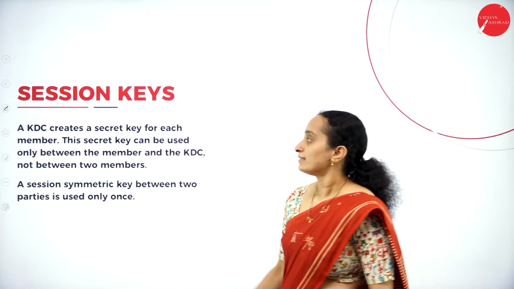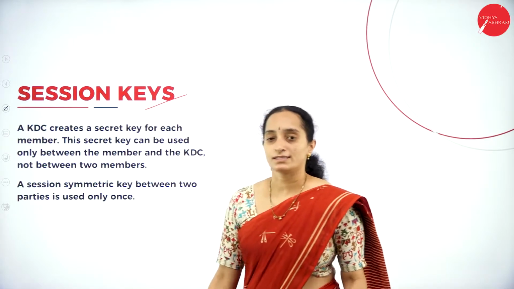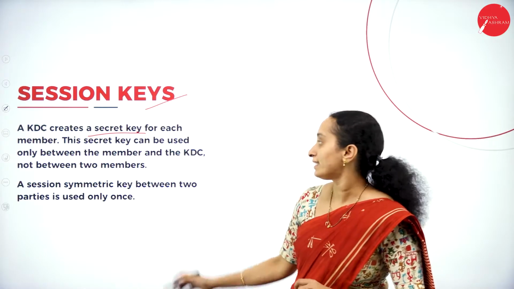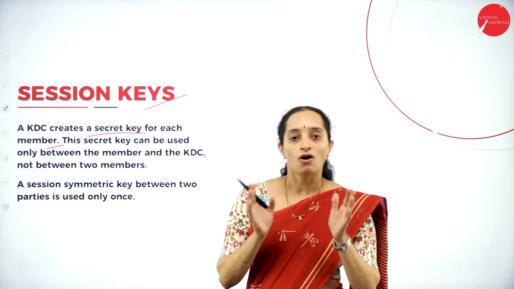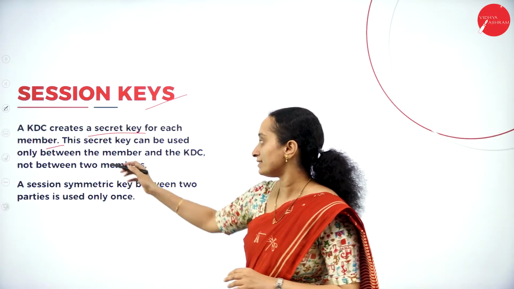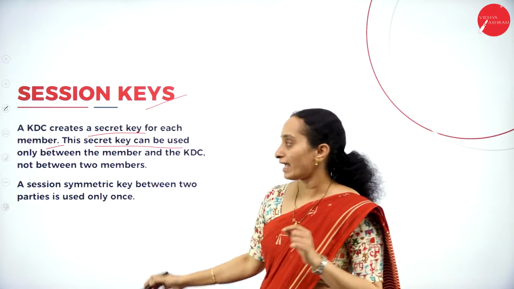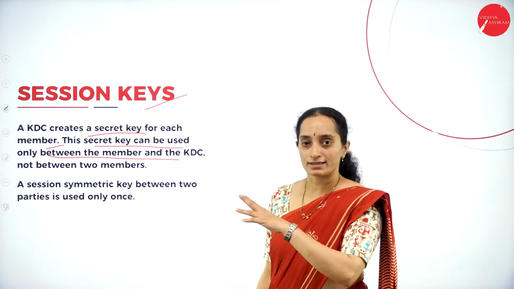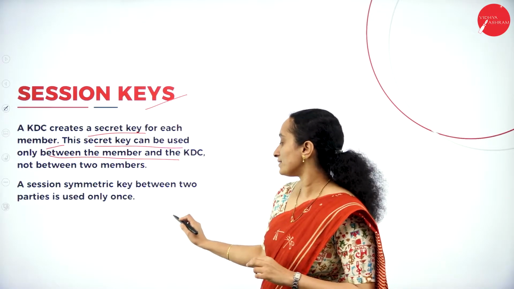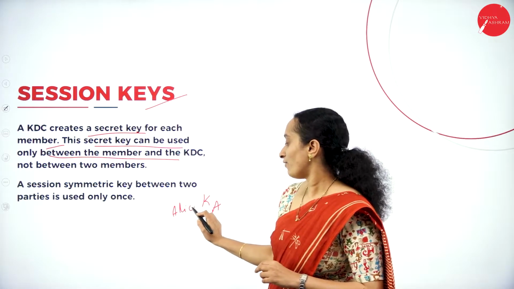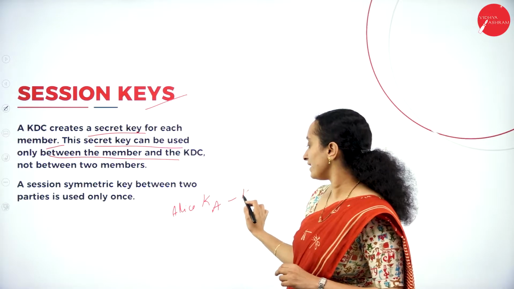Then we have the session keys. What will the session key do? The KDC creates a secret key for each member connected to the KDC. All have a secret key which is unique for that sender or receiver. This secret key can be used only between the member and the KDC, not the other members. Say if it is Alice, we'll have a secret key between Alice and the KDC.